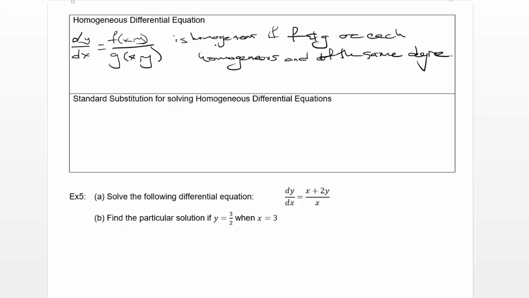For differential equations of this type, there's a standard substitution that'll be effective for solving these sorts of differential equations. That substitution is we're going to substitute out y, and put this expression v times x in its place, where v is a function of x.